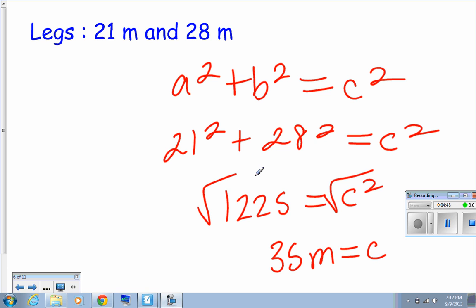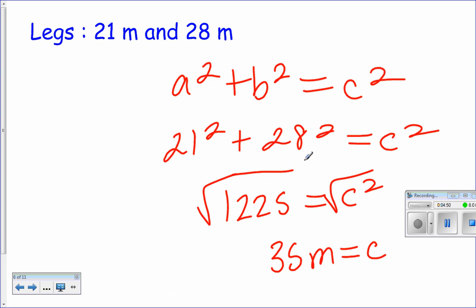When you add them together and figure out what they are, 21 squared gives you 441. 28 squared gives you 784. You add them together, and you get 1,225. Take the square root, and you get 35 meters as your answer.